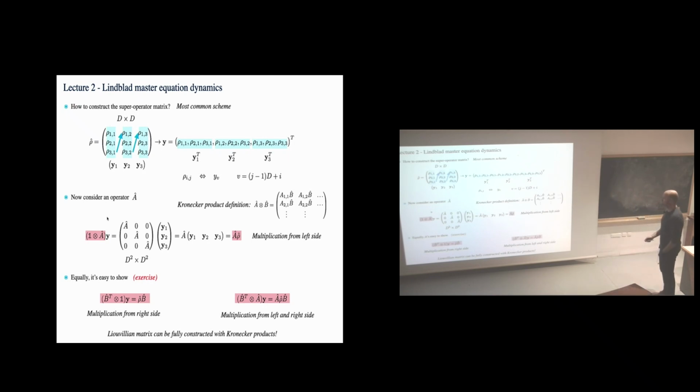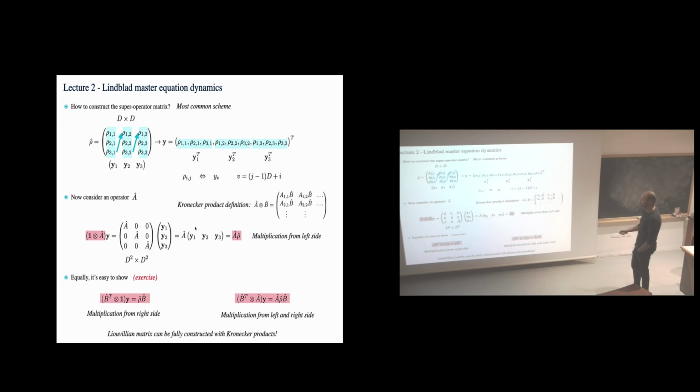And now I wrote it in a different way here. So here I write now my state vector. I define these first three elements as y1, then the second three as y2, and the third three as y3. So this is actually a vector with 9 elements, but I just wrote it in a shorthand notation with these 3 elements. And then I multiply this to this matrix here. Extremely simple. It's going to give me A times y1, y2, y3.